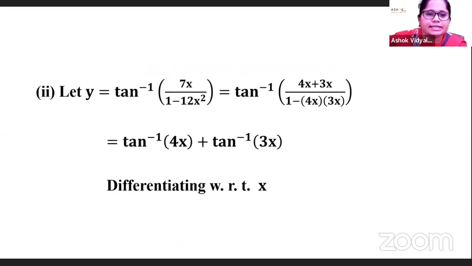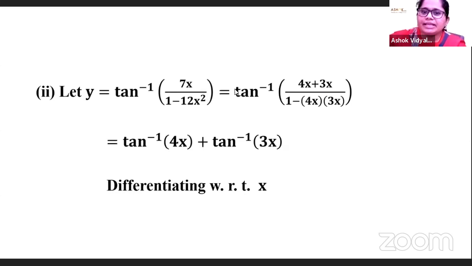Now the next example is y is equal to tan inverse of 7x upon 1 minus 12x square, which is tan inverse of 4x plus 3x upon 1 minus 4x into 3x. Here we express this bracket term in the form of alpha plus beta upon 1 minus alpha into beta.